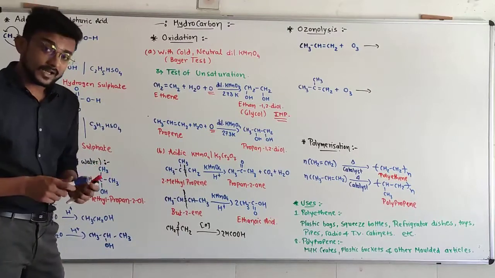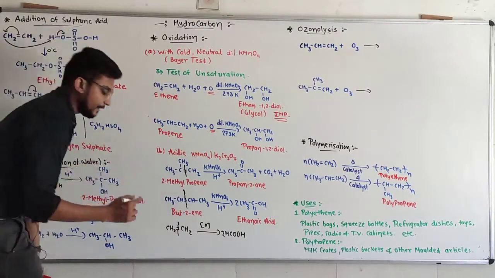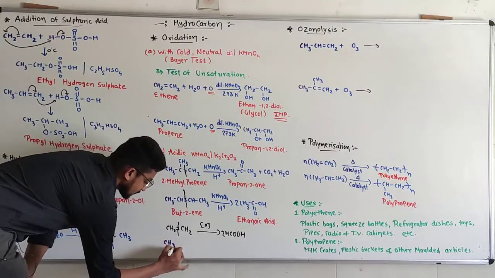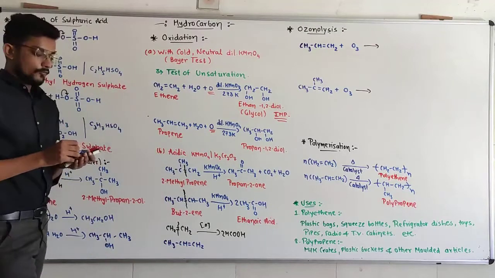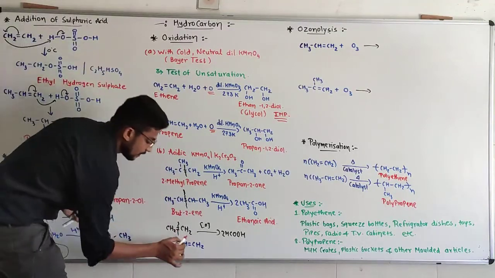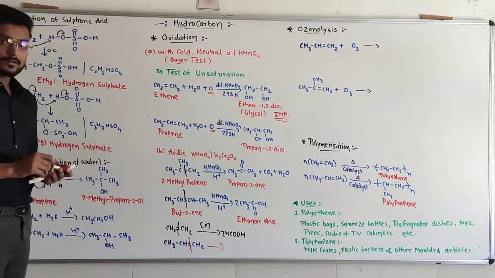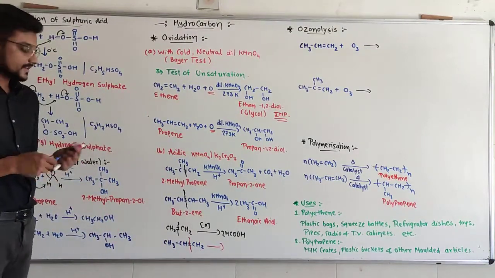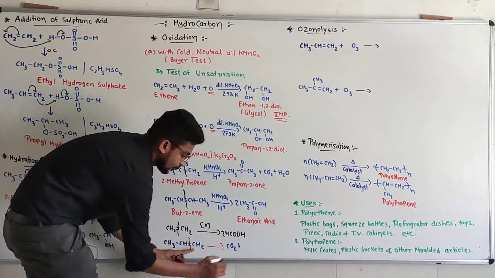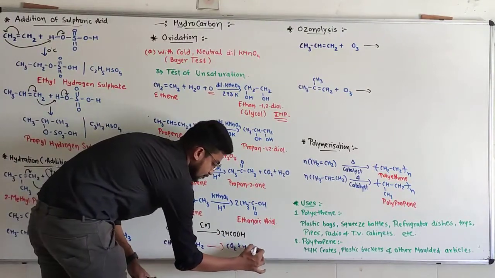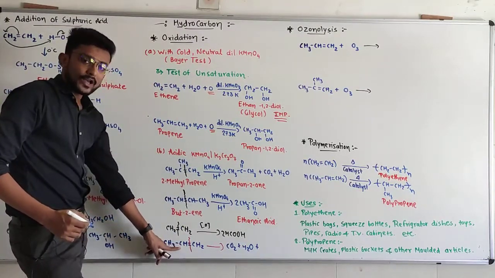Let's take another example. Here we had 2-methylpropene. What if we have only propene? CH3, CH, double bond, CH2. This double bond will be broken in the same way. The lesser carbon is converted into carbon dioxide, and hydrogen will be converted into H2O. This carbon has two bonds left.